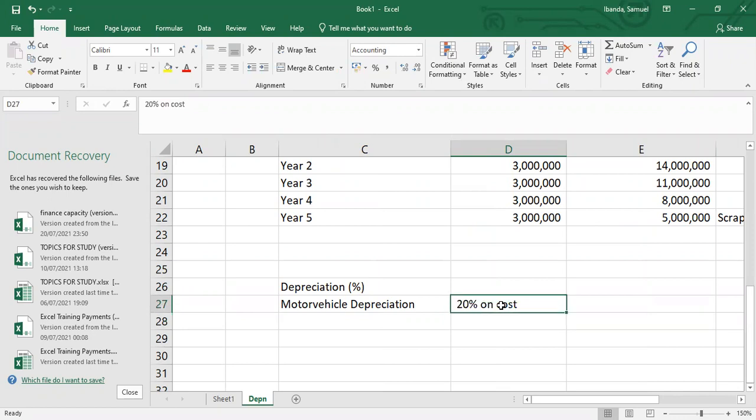Now, when somebody says 20% on cost, this depreciation is straight line. They can say either on cost, or they can clearly bring out the words straight line depreciation, as we shall see.